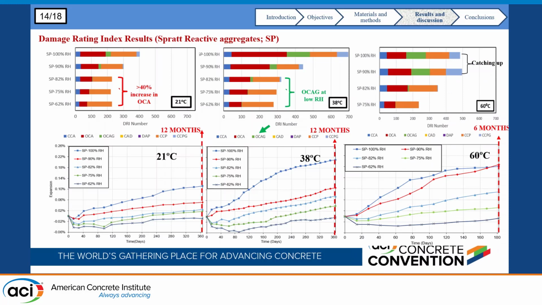Now, finally, at 60 degrees Celsius, the samples stored at 90% and 100% relative humidity have almost similar DRI number, which has something to do with the expansion we had here, which is almost the same between 90 and 100% relative humidity.